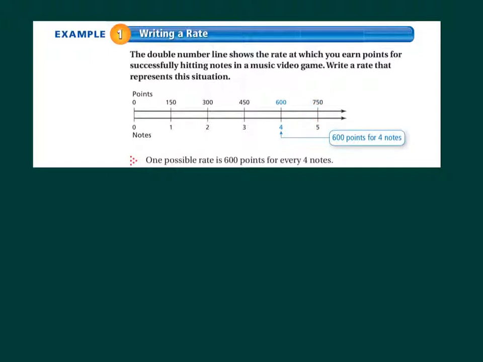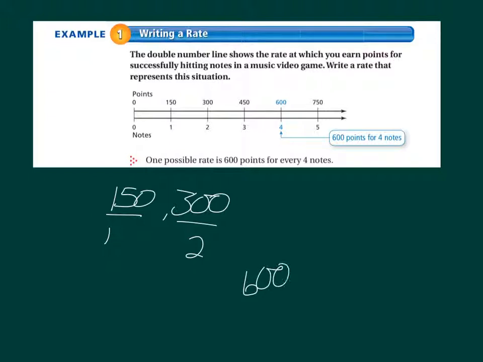All of those things could be answers for this one. You just need to pick one of them. What the book did for their answer is they picked 600 over 4. But again, any of those things are right.